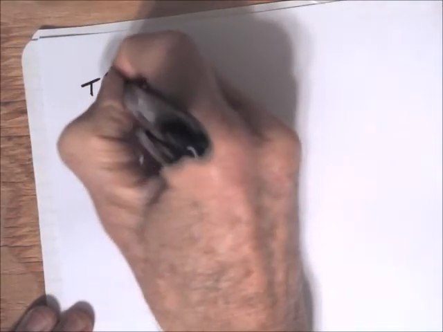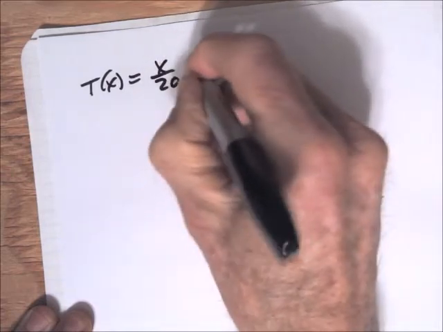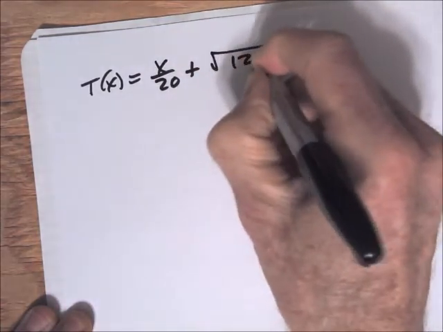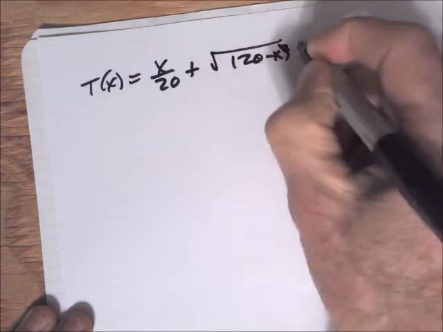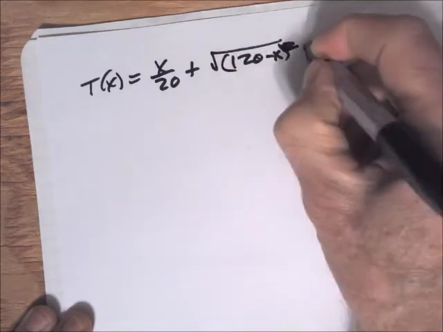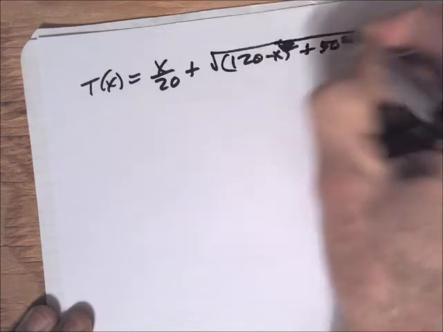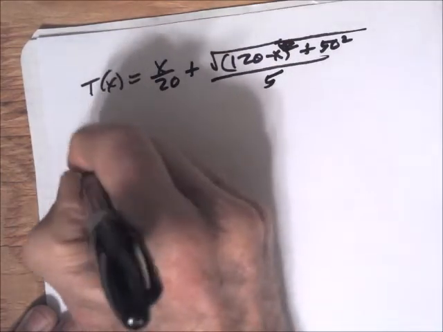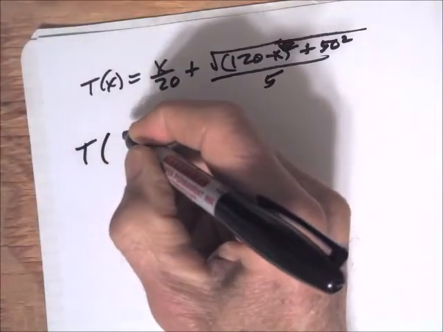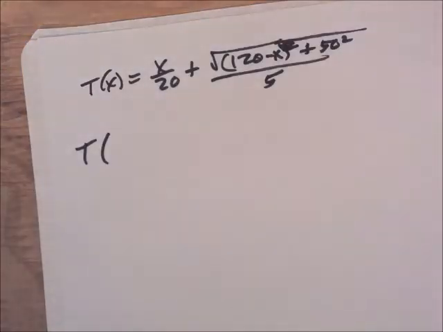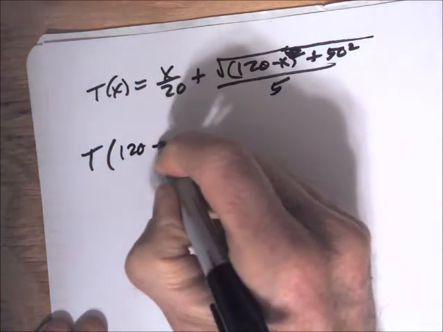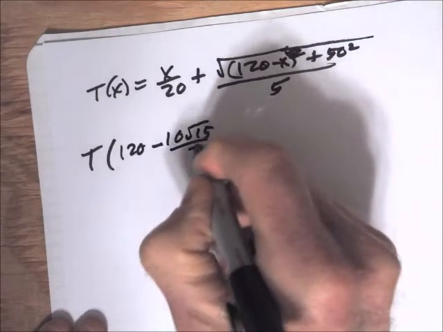So let's see what that is. Again, t of x is x over 20 plus square root of (120 minus x) squared plus 50 squared, over 5. So we want t of 120 minus 10 root 15 over 3.